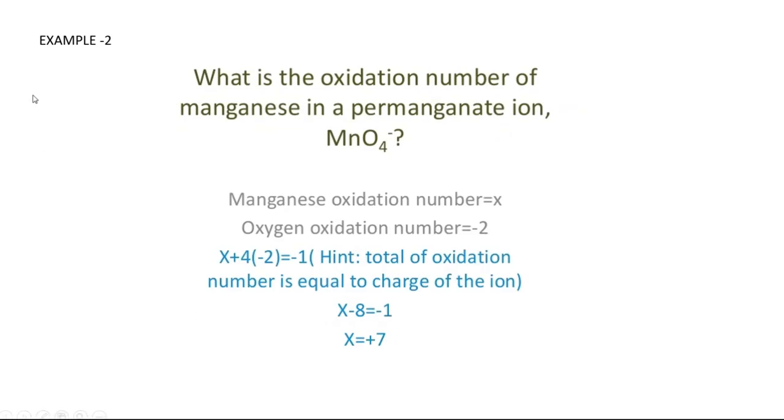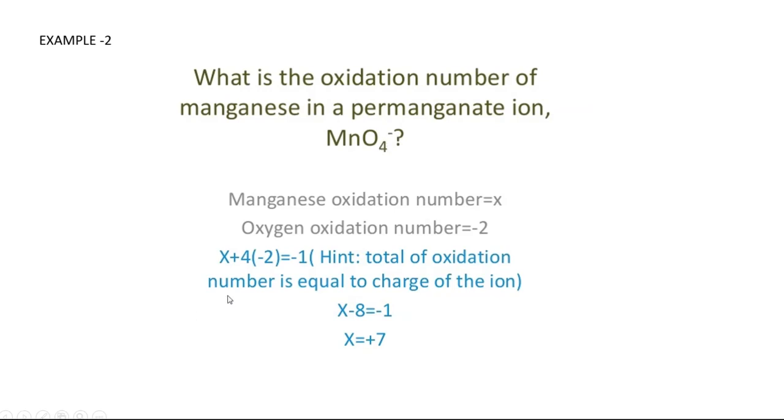Example 2. What is oxidation number of manganese in a permanganate ion? Manganese oxidation number we don't know, we will consider as X. Oxygen oxidation number is -2. So X plus how many oxygen atoms are there? 4.